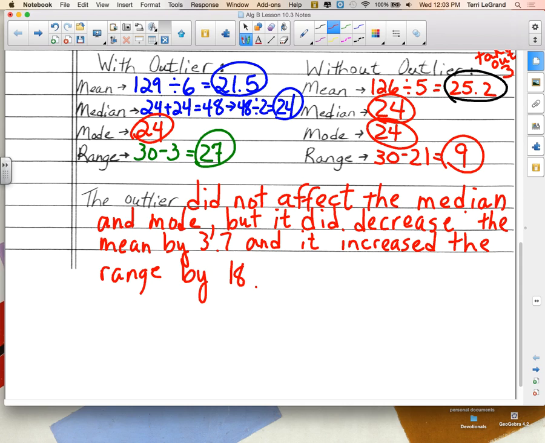So we're gonna make nice intelligent mistakes like we're gonna have to do on those tests as juniors. What does the outlier do? Well, guess what? In this case, it did not affect the median and the mode, but it did decrease the mean by 3.7, and it increased the range by 18. So whatever this is representing, that's what we could say it's doing to it. Okay?